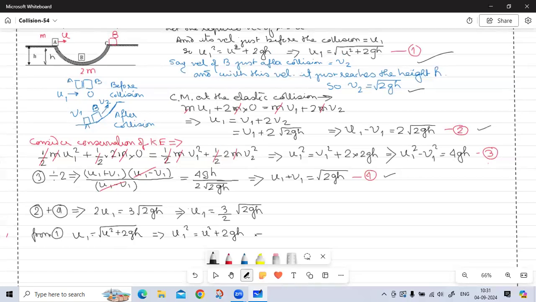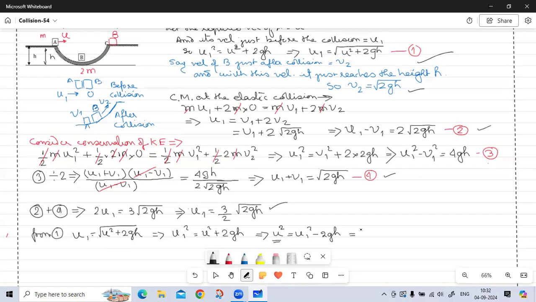So from there we get what is the required value that we need to find. u square is equal to u1 square minus 2gh. Now, what is u1? u1 we have already got.